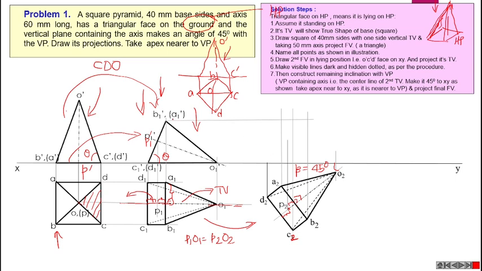We can locate first A1 dash, the meeting point of the projection line which is passing through A2. We can locate that point as A2 dash, then we can locate B2 dash here, then C2 dash here, then D2 dash here, then O2 dash here.